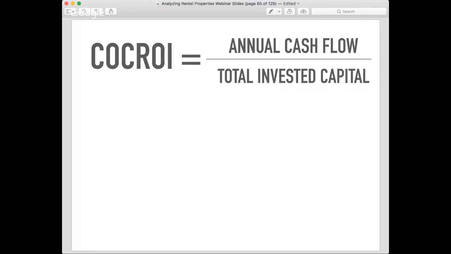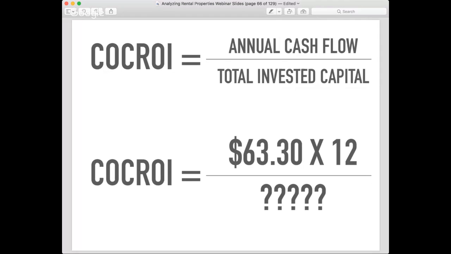Remember a minute ago when I used the example of what if you were to give me $100 and I gave you $63 a month? That's what we're talking about here. So let's say you gave me $100,000 and I gave you $10,000 a year back. Well, 10,000 divided by 100,000 equals 10%. That's how you figure out your cash on cash return on investment.